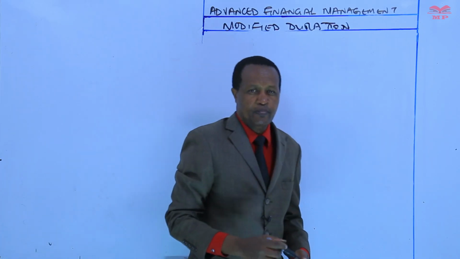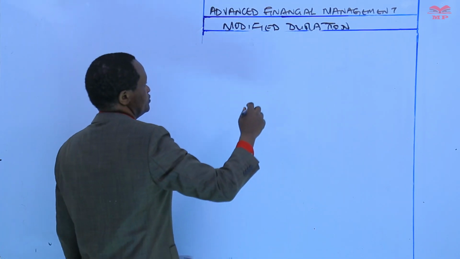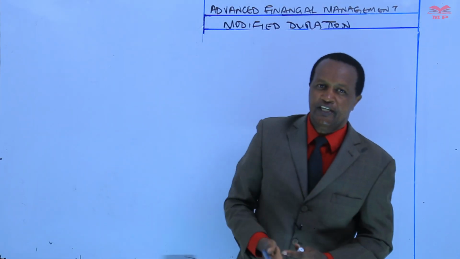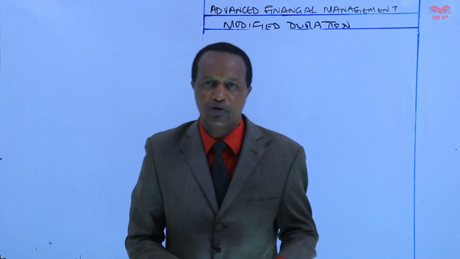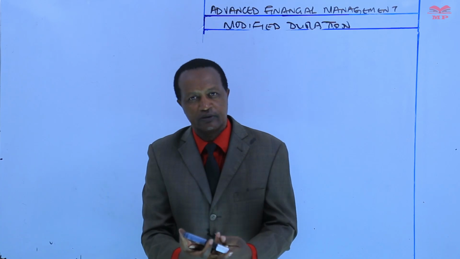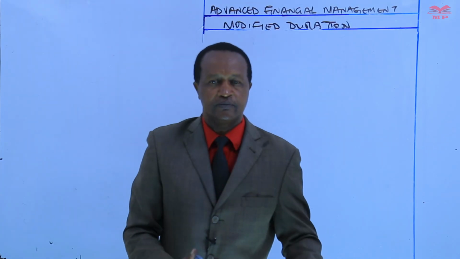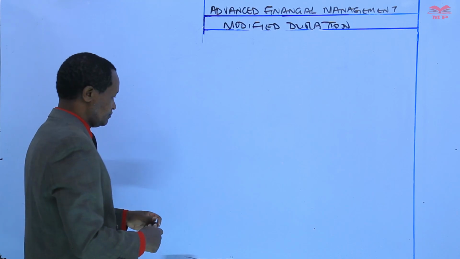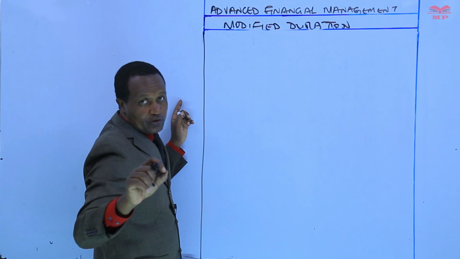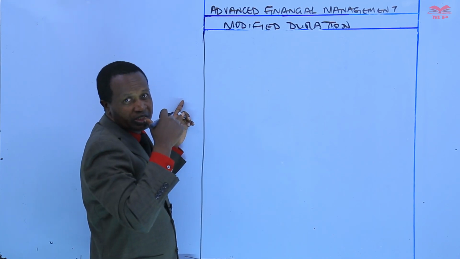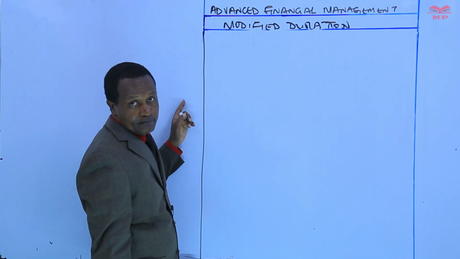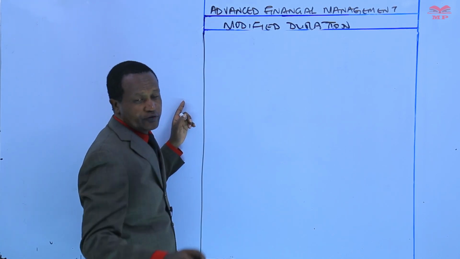Modified duration, candidates, is a measure of the sensitivity of the price of a bond to change in interest rates. Do you get it? It is a measure of sensitivity of the price of a bond.